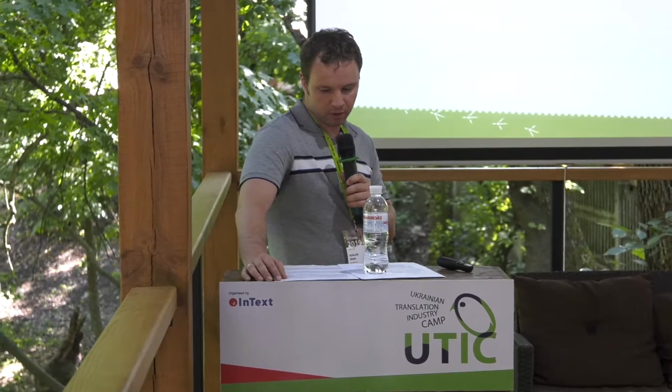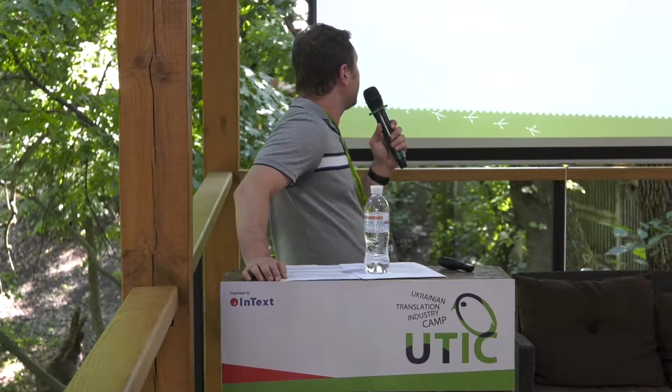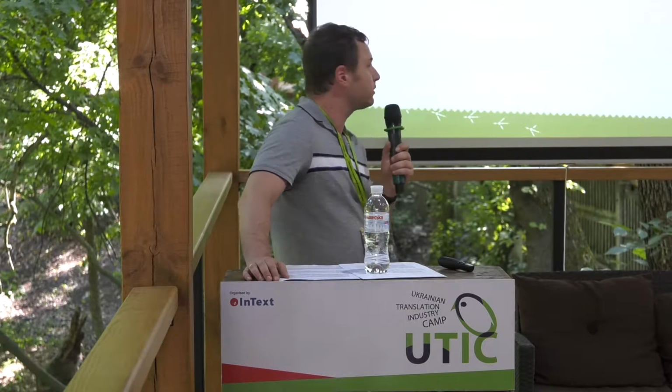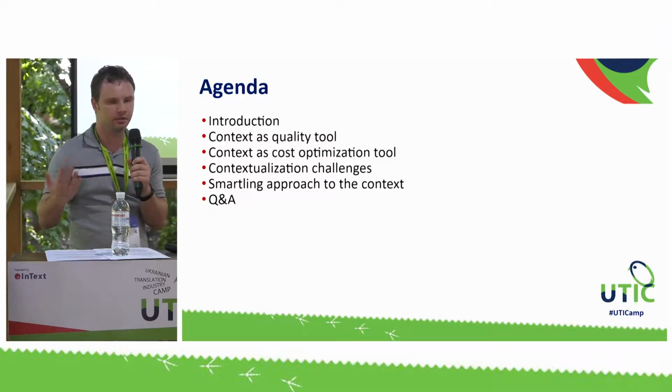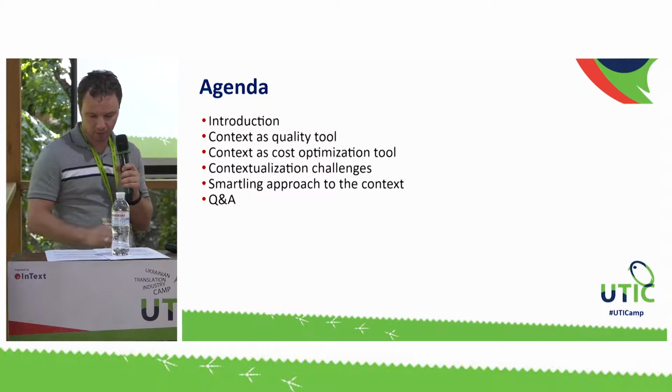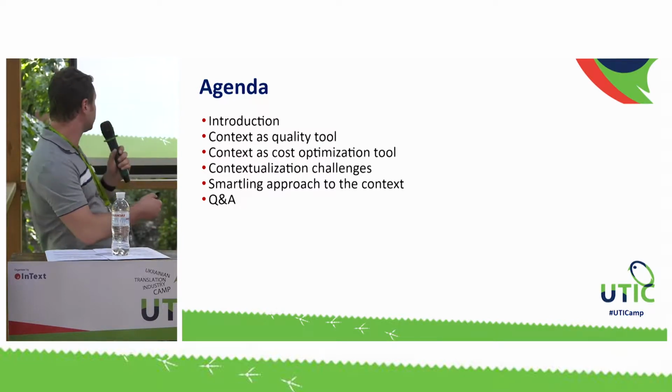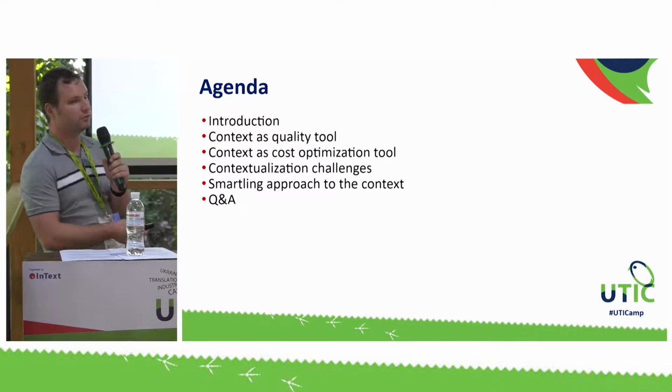We'll also look at contextualization challenges that we face in our daily operations in Smartling, and why it's very complex to actually get good visual context for translators in a CAT tool. And we'll explain what types of context are supported by Smartling, and how we deal with getting the context into the system, enriching it, presenting it for our translators, and updating. So let's begin. And ultimately, we're going to end with a Q&A session.